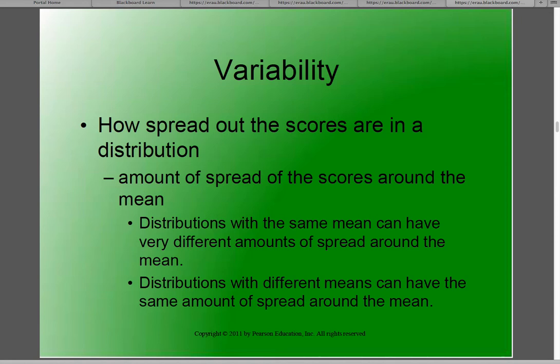So it's important to have a very good understanding of these two concepts. For the mean, which is a measure of central tendency for interval and ratio data, that is going to be the point that is the best description of a typical score in that distribution.